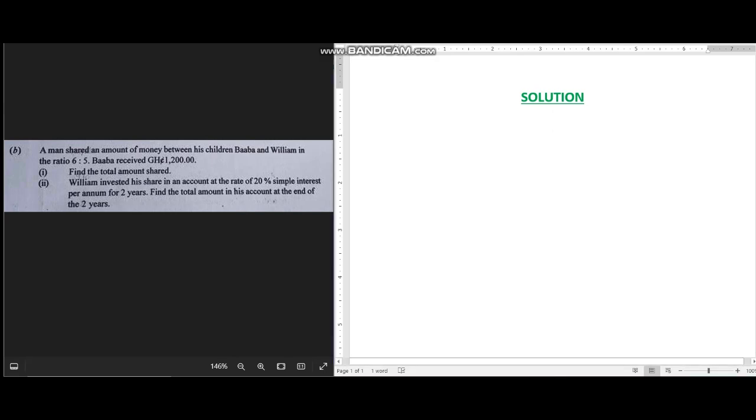So, with the first question, find the total amount shared. There are so many ways of solving this question, but I'm going to show you a very simple method for getting your answer quickly, because you are dealing with exams and you are working with time. You were given Baba's share to be 1,200 Ghana cedis.